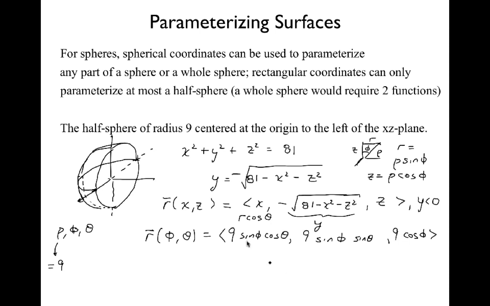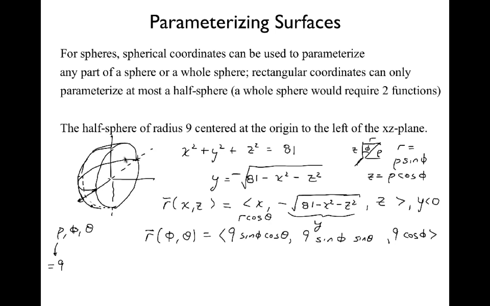It's fixed at 9. And so for the sphere of radius 9, we're going to have 9 sine phi cosine theta as our x-coordinate, 9 sine phi sine theta, and 9 cosine phi. Those are all formulas that we derived before when learning spherical coordinates. So now we can parameterize spheres using phi and theta. Again, this is the x, y, and z component.